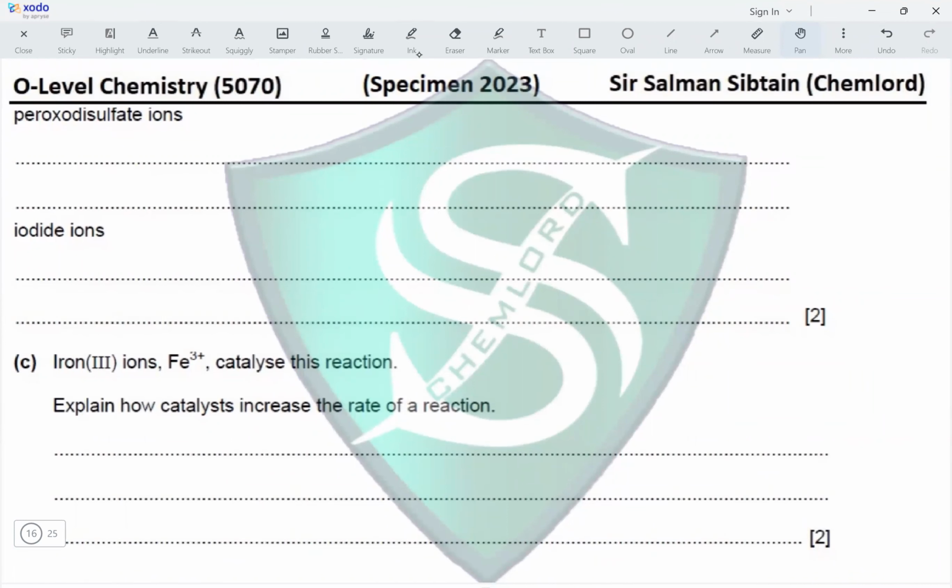So for peroxodisulfate ions, we compared experiments 1 and 2. And what did we see?